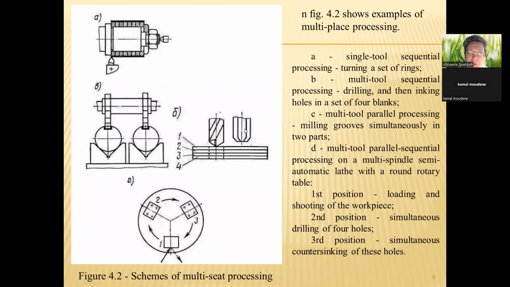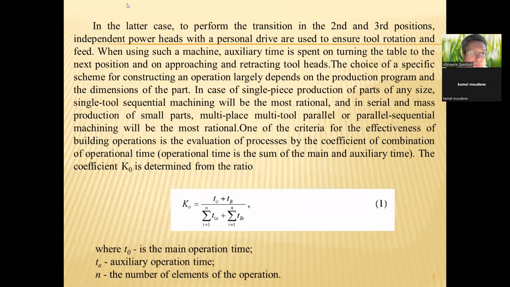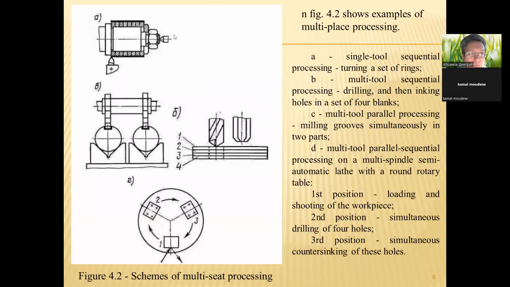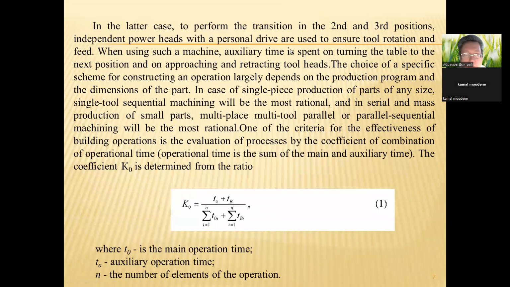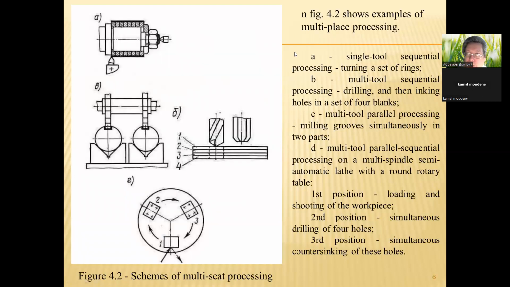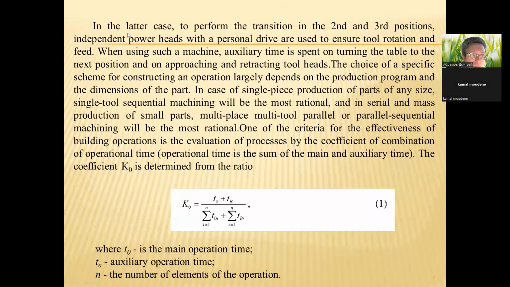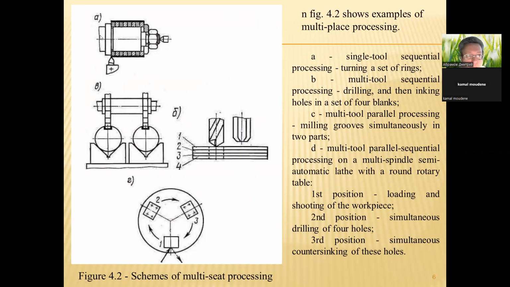So figure 4.2 shows examples for multi-place processing. A: single tool sequential processing turning a set of rings.